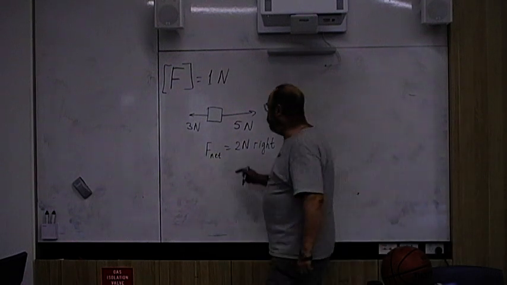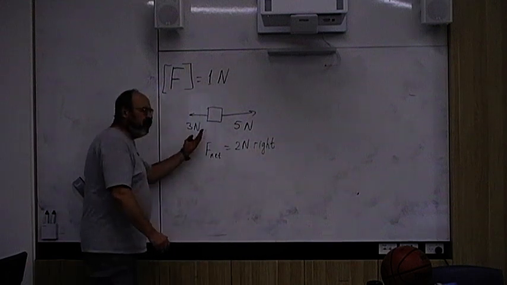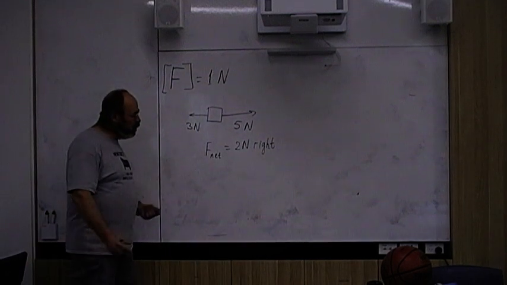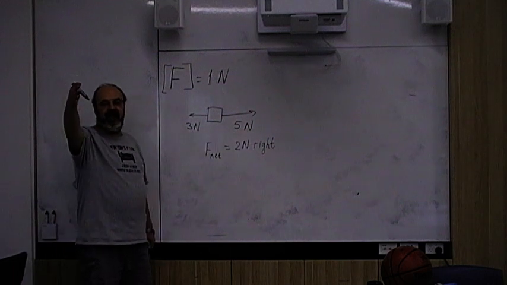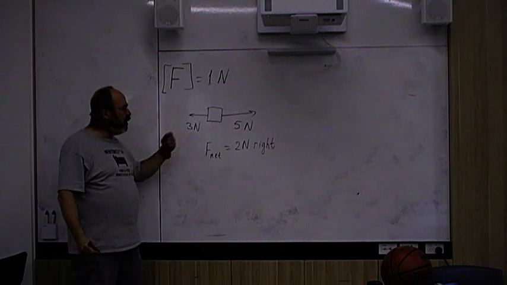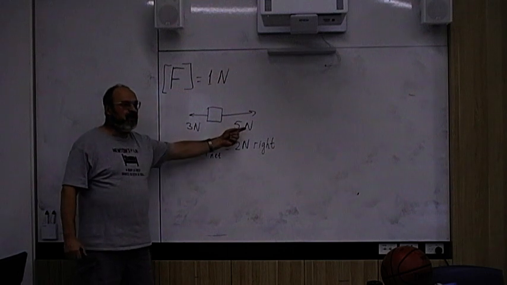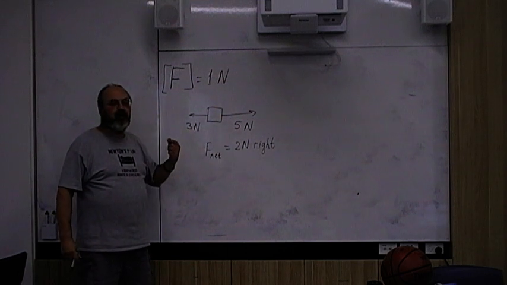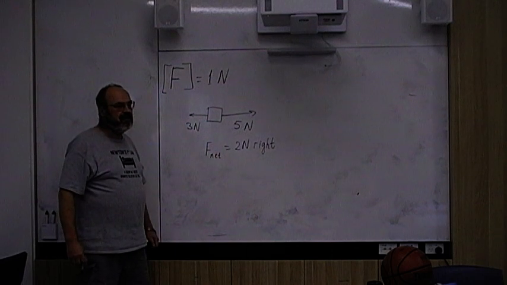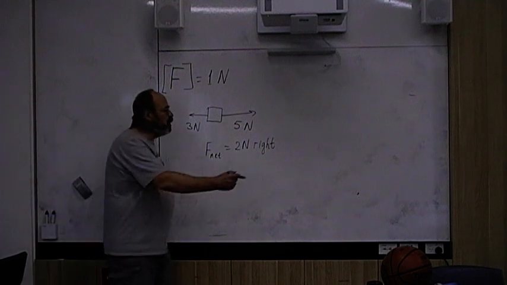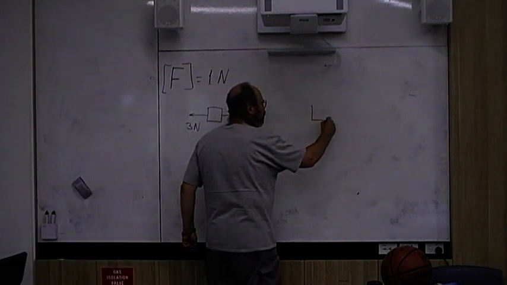If we have 5 to the right and 3 to the left, overall it will be 5 minus 3, which is 2 to the right. If, as was your question, it is 5 to the left and 3 to the right, then overall it will be 2 to the left. So do you always just minus the smaller number? Yes. For example, we have another example.